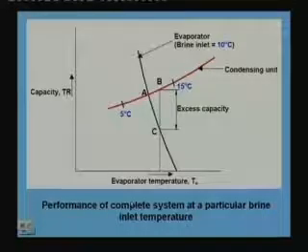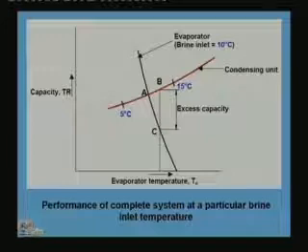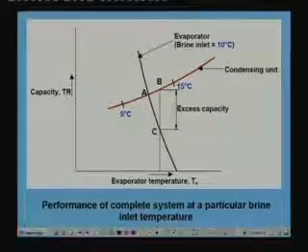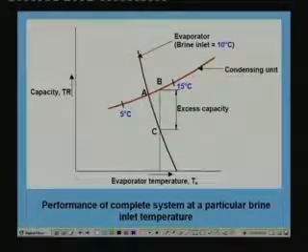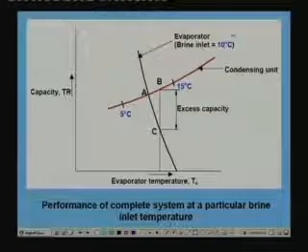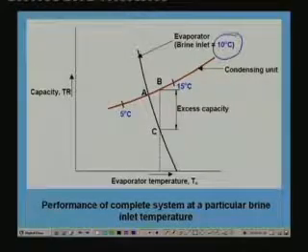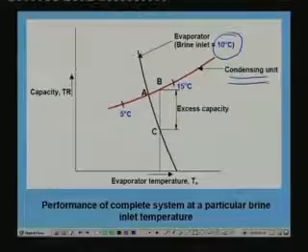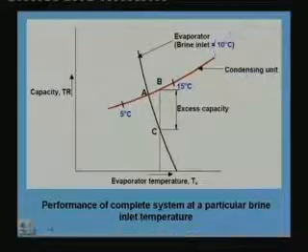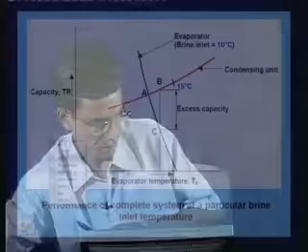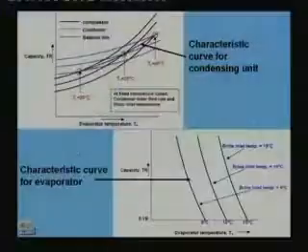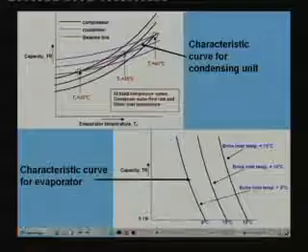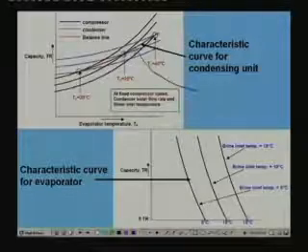So if you superimpose this, you get a curve of this kind. This I have shown for one particular brine inlet temperature, that is 10 degrees centigrade, and this is the condensing unit characteristic curve, which we have seen earlier. That means this red line, because as I said this is the curve for the condensing unit.